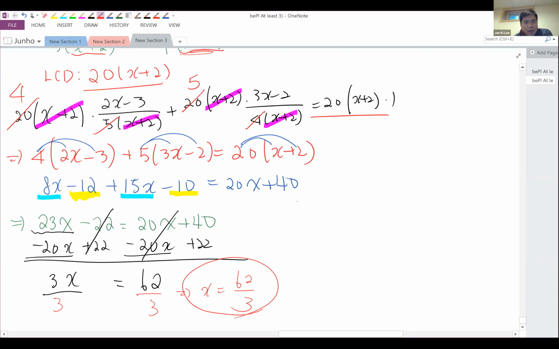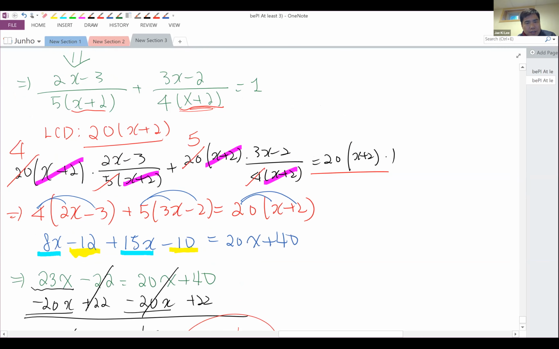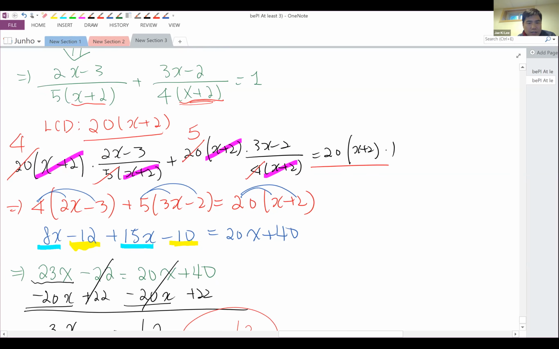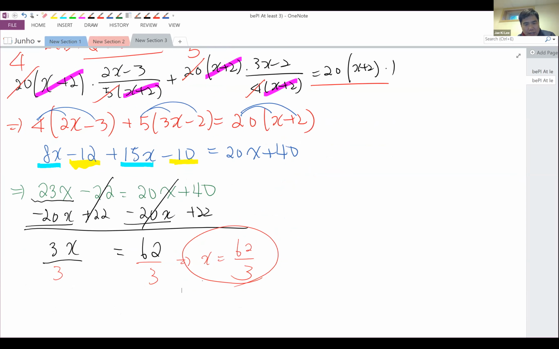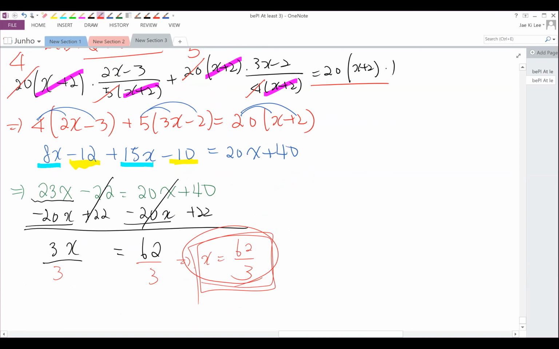I think so far I didn't make any mistake. And then combine like terms, 8x and 15x. So 23x minus 22 equal to 20x plus 40. I think this is the answer. What do you think? Me too. You too? Okay, that's good.